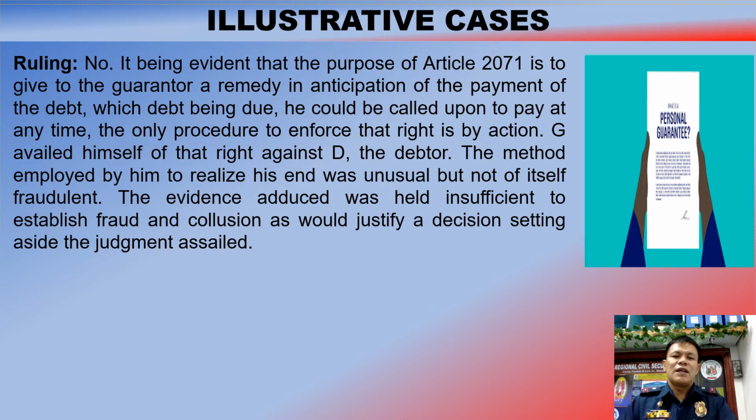G availed himself of that right against D, the debtor. The method employed by him to realize his end was unusual but not of itself fraudulent. The evidence adduced was held insufficient to establish fraud and collusion as would justify a decision setting aside the judgment itself.